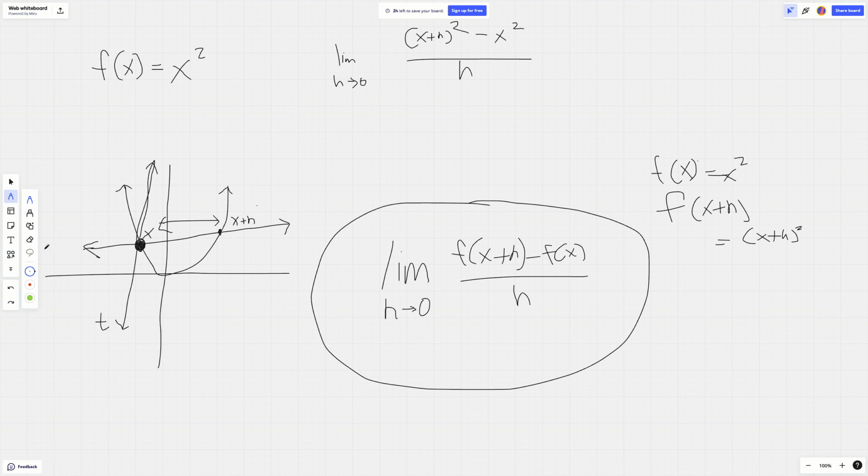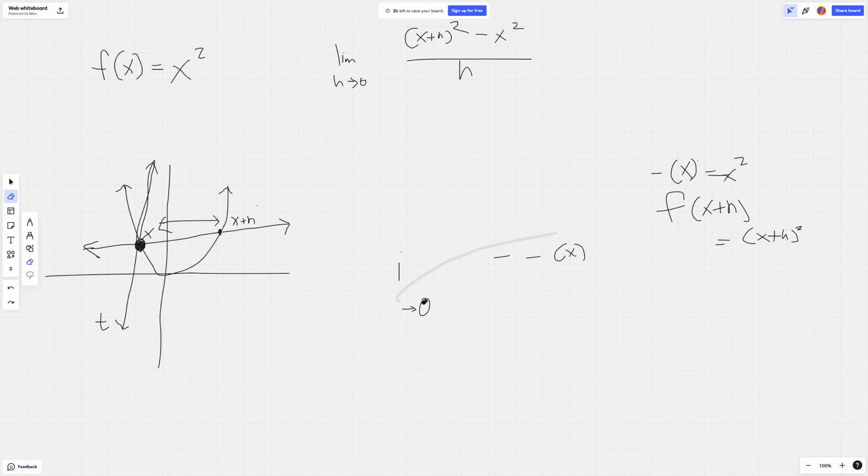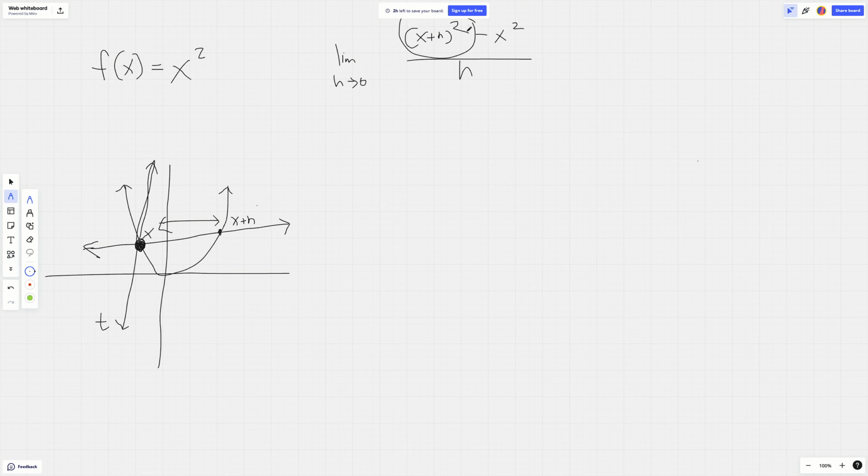Okay, simple. I'm going to actually erase this formula right now. You can regard it later on. I might write it later on in the video, but let me erase this too. This isn't really necessary. Okay, so let's expand this term out here. Let's say this is going to be x squared plus 2xh plus h squared minus x squared.